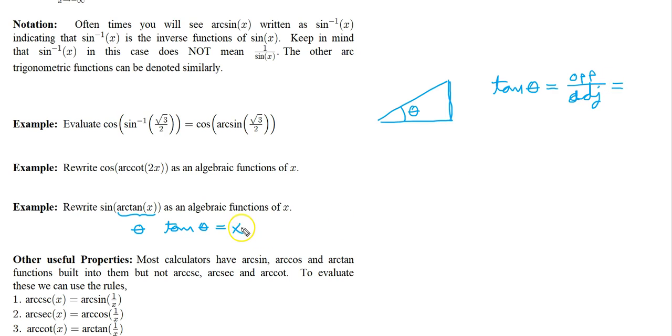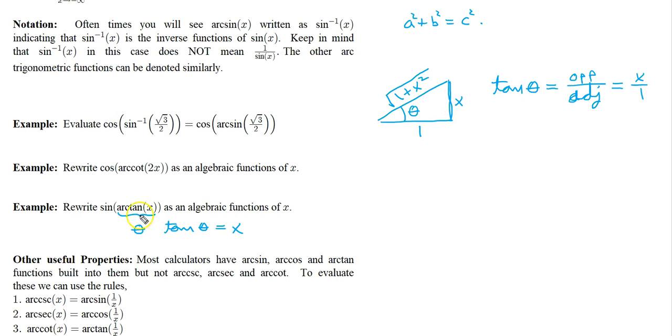Now if we think of this x as being x over 1, we can label the opposite side as having length x and the adjacent side as having length 1, in which case our hypotenuse is then going to have length the square root of 1 plus x squared, right? Using our Pythagorean identity, a squared plus b squared equals c squared, of course.